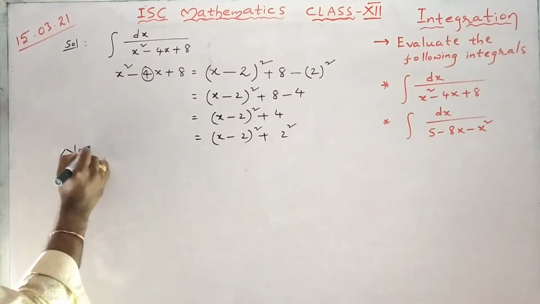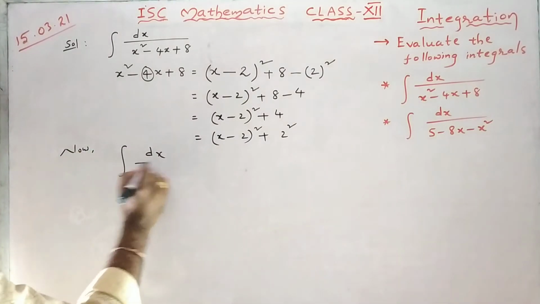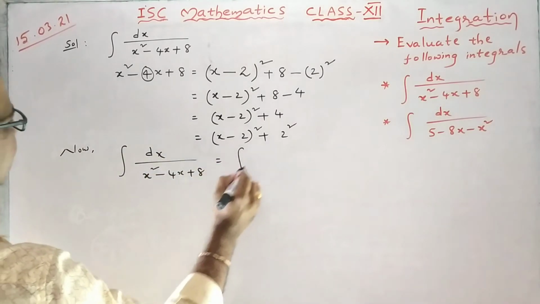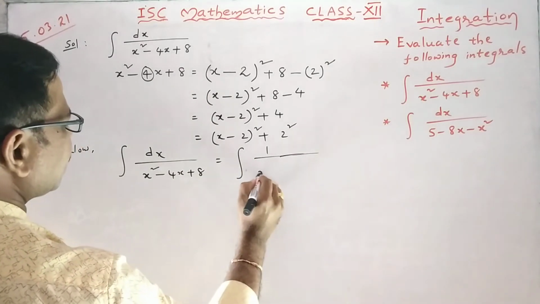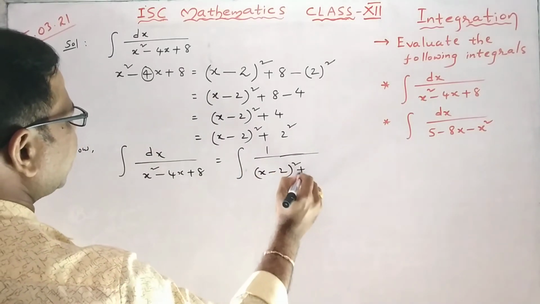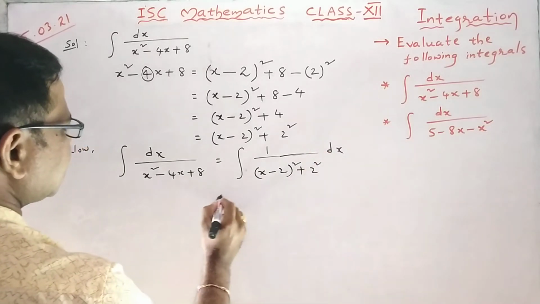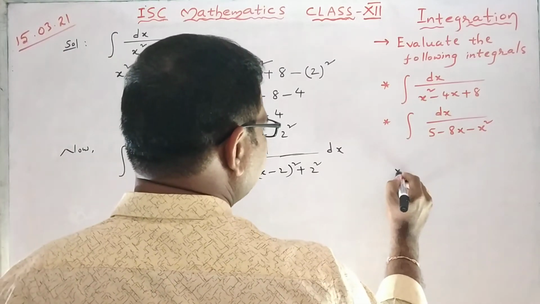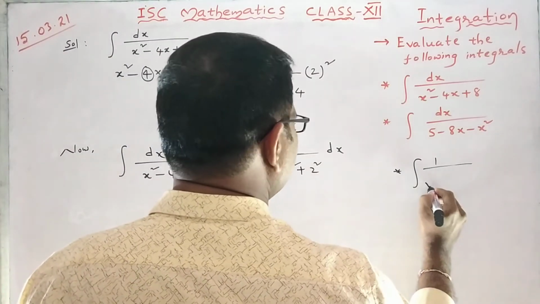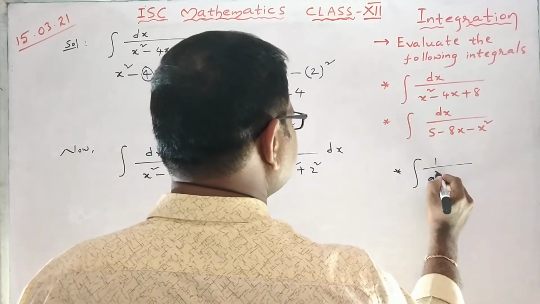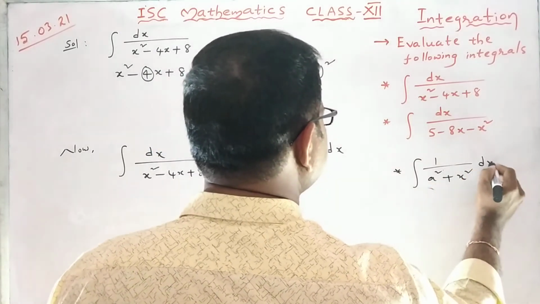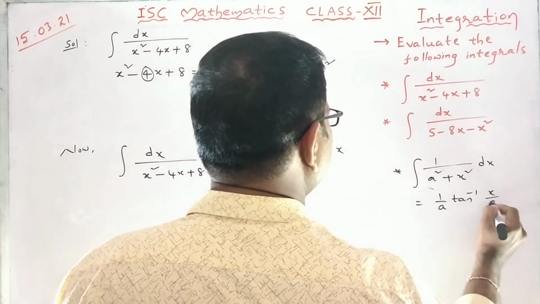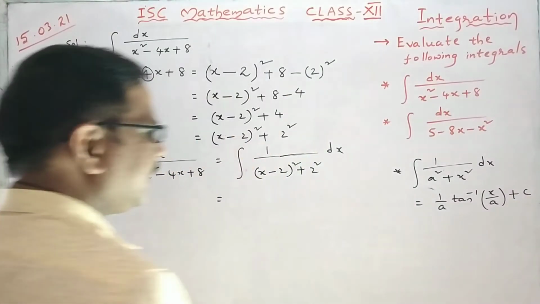Now our given integral dx upon x square minus 4x plus 8 equals integral 1 by x minus 2 whole square plus 2 square dx. It looks like standard integration. I already told you the formulas. It looks like integral 1 by a square plus x square dx, which is 1 by a tan inverse of x by a plus c.